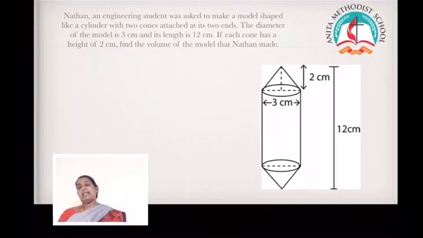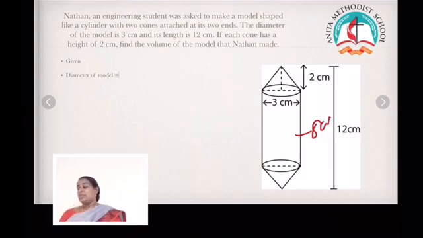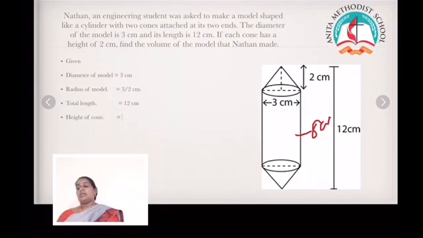See the diagram, children. Cylinder, then we get both sides joined with 2 cones. So here 2 centimeter gone, here 2 centimeter gone. So the rest is what? The cylinder is 8 centimeter. The diameter is 3 centimeter. So what is the radius? 3 by 2 centimeter.